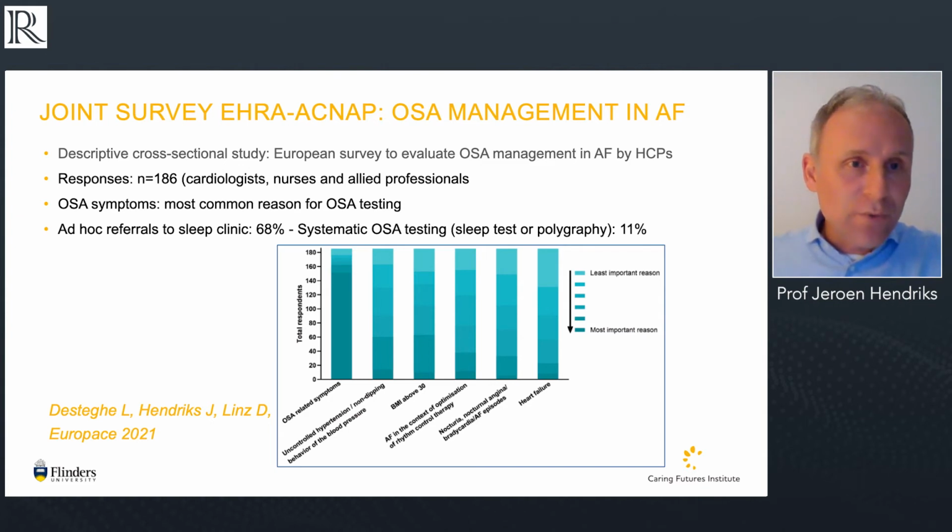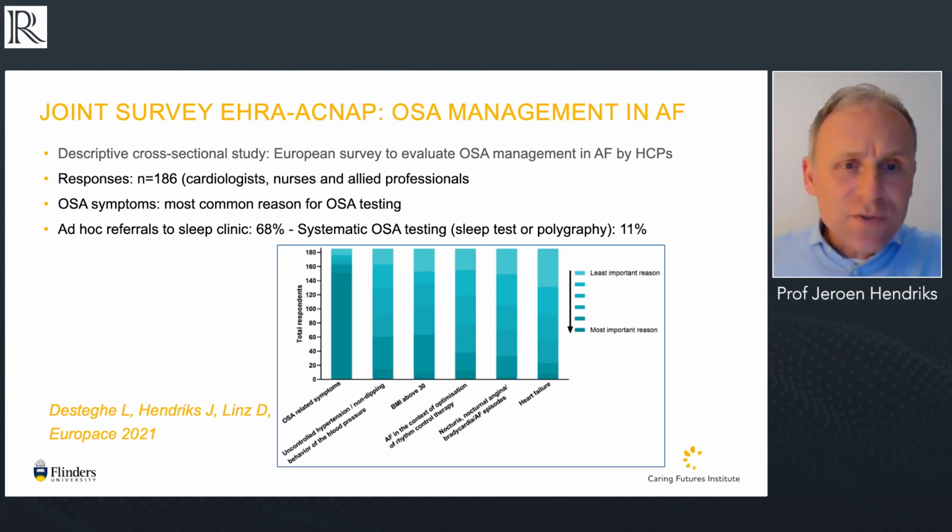So recently we performed a survey in collaboration with the European Heart Rhythm Association and with the Association of Cardiovascular Nurses and Allied Professions to really investigate sleep apnea management in patients with atrial fibrillation. We received 186 responses from cardiologists and nurses and allied professionals.